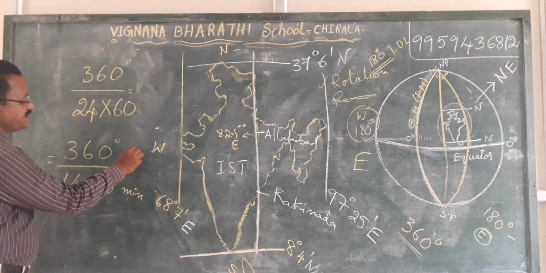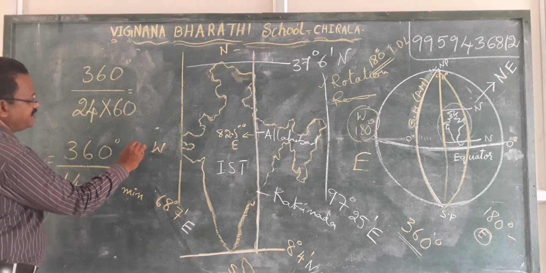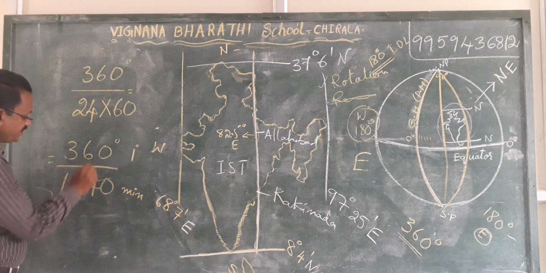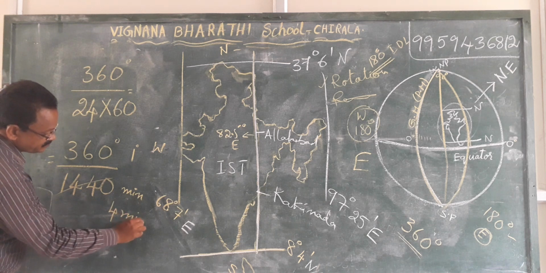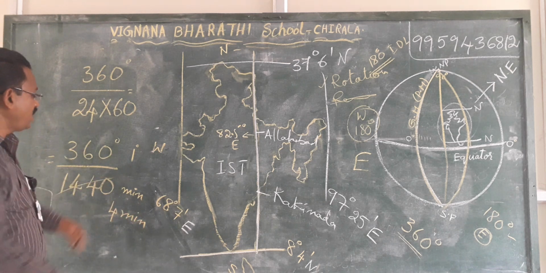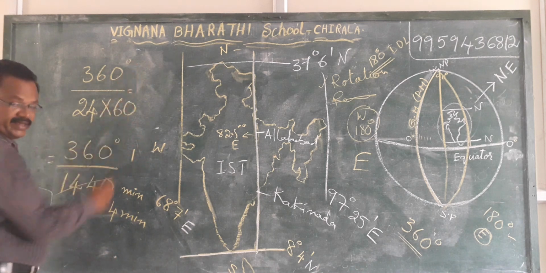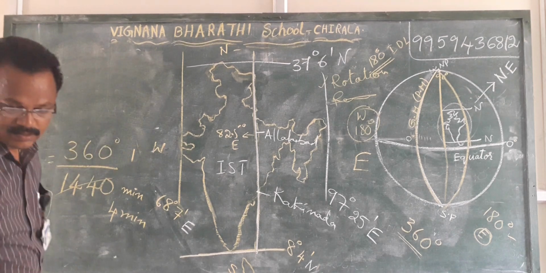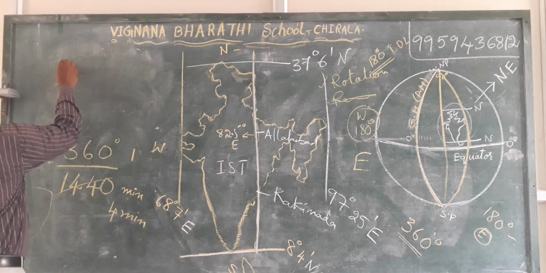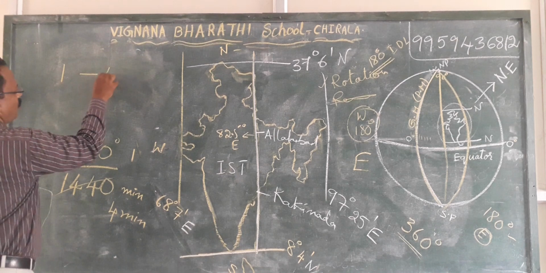Now for each longitude or for each degree, 1440 divided by 360 is 4 minutes. Now what does it mean? For 1 degree or for 1 longitude, 4 minutes.